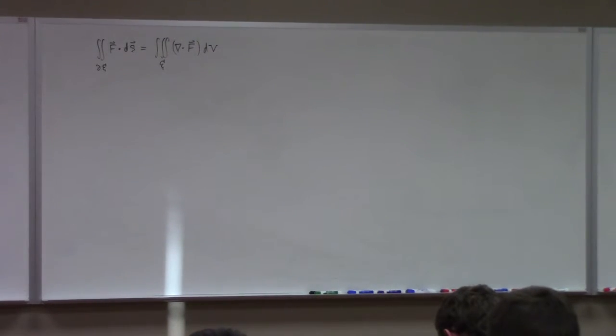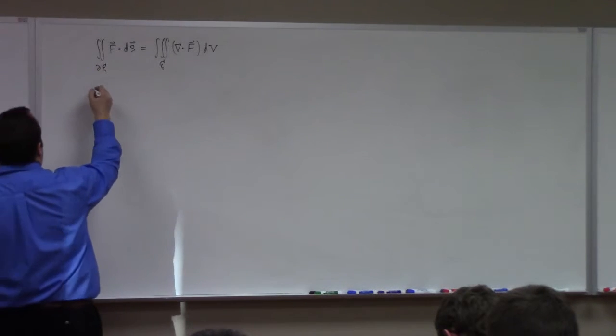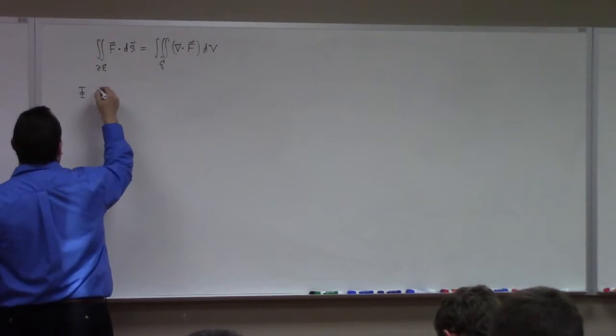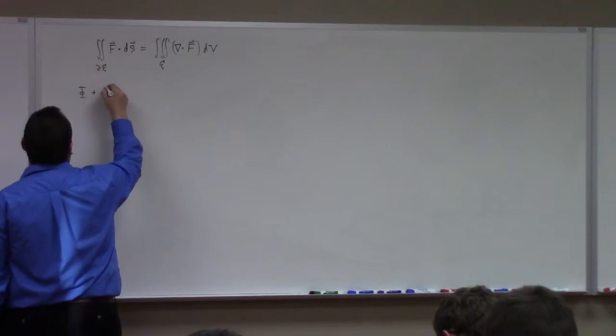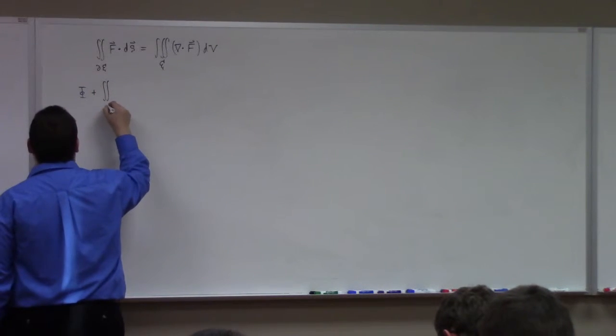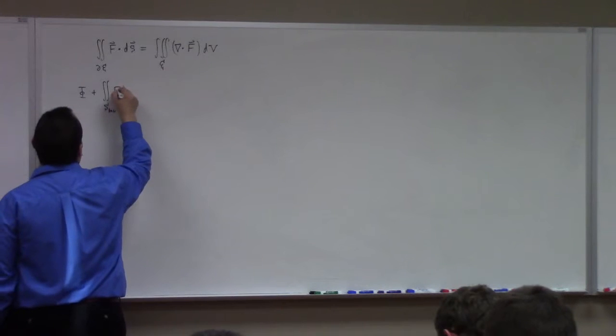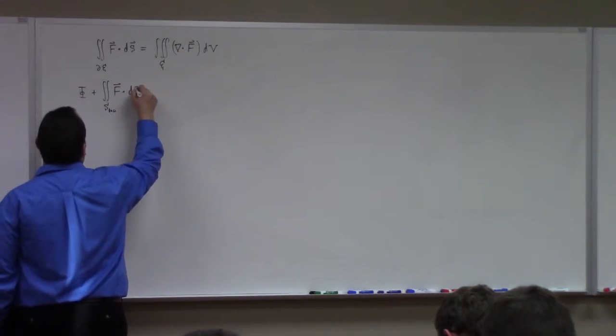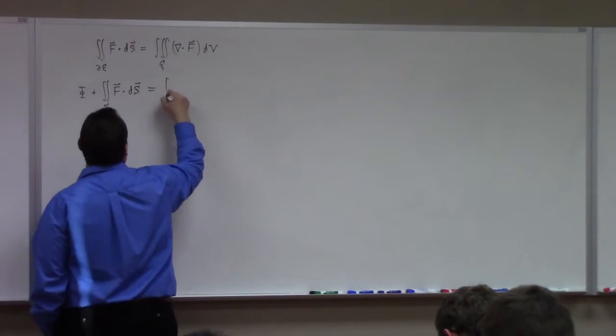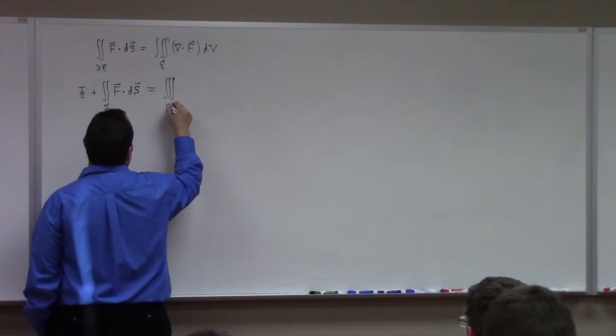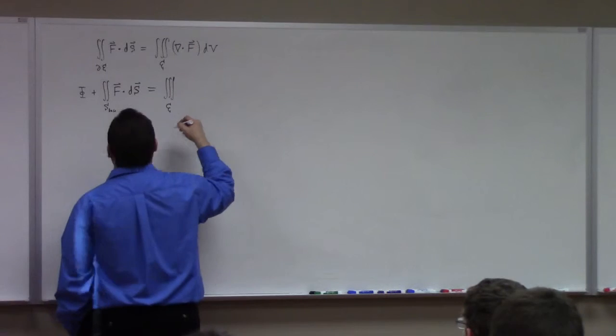Phi is what I'm actually interested in. So what you have here then is the flux you're actually interested in plus the integral over the base of F dot dS, is equal to the triple integral over the solid cylinder of what's the divergence of F?